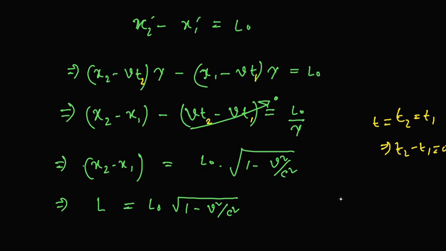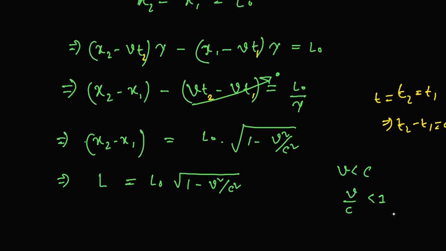Now, what is the value of 1 minus v square by c square? As you know, for free space, v is less than c, so v by c is less than 1.